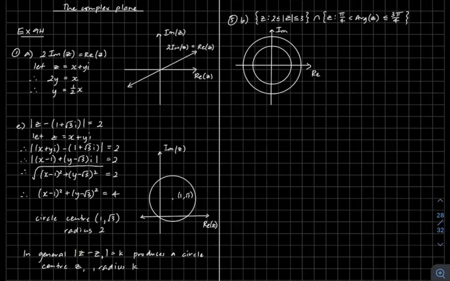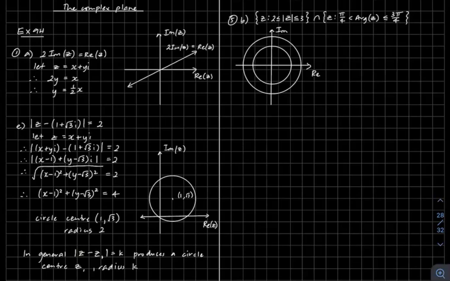So what we're saying is we need all complex numbers z whose modulus, in other words, whose distance from the origin, is greater than or equal to 2 and less than or equal to 3. So if this is a circle of radius 2 and this is a circle of radius 3, then it's going to be all the points around in that region, including the points on this line and this line, because it's got the equals to as well.